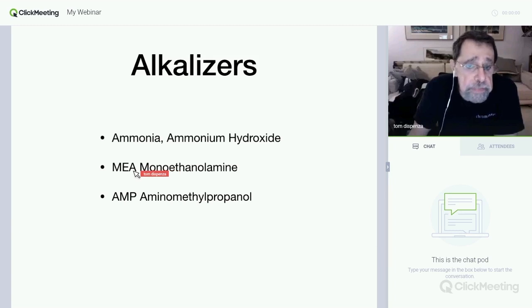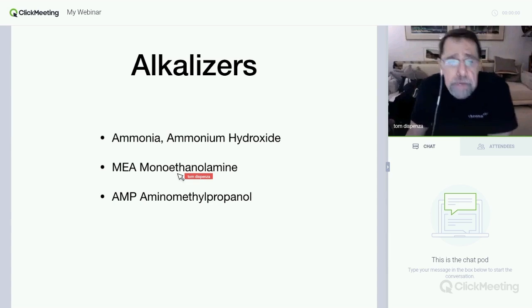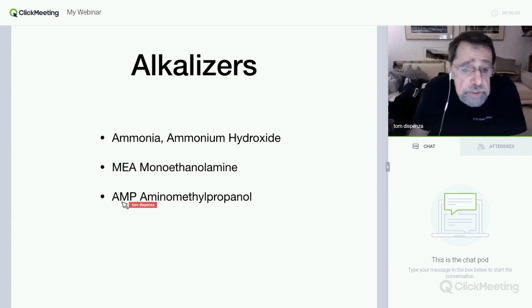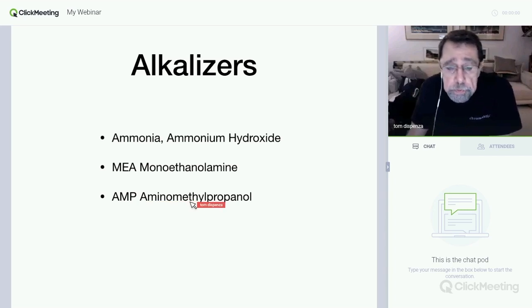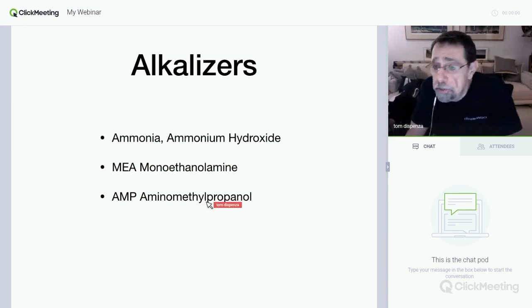Ethanolamine, also known as MEA or monoethanolamine. On a tube, just this part of it is generally in the ingredients where it says ethanolamine. And then the third one, which is not very common, but is the one that I use, which is AMP, amylomethylpropanol. Let me show you the differences between them and why I prefer one or two of them over another one.